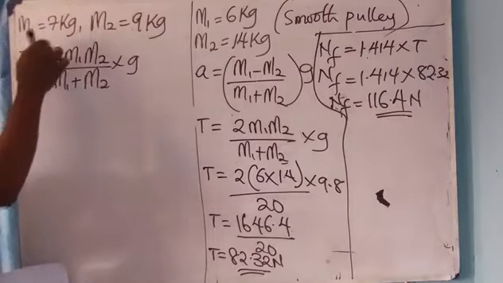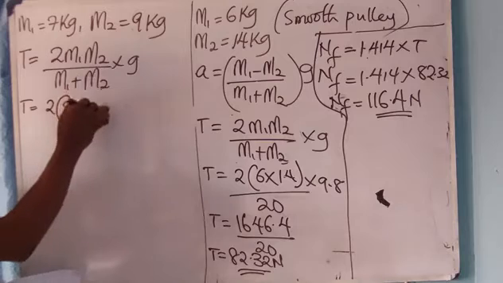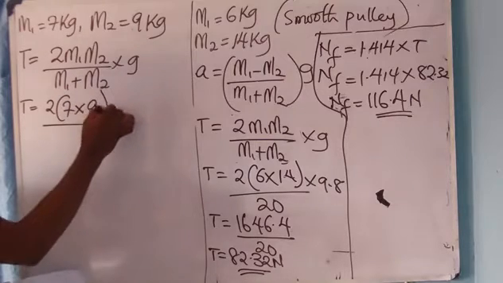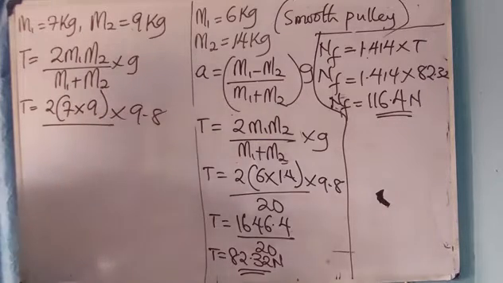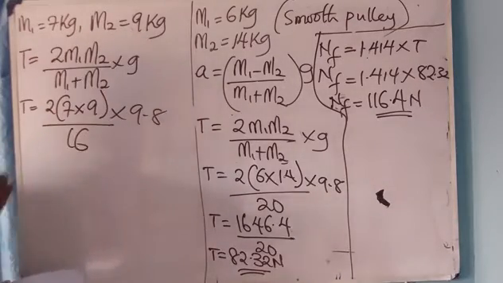Now m1 is 7, so 2 open brackets, 7 times 9, over, don't forget, times 9.8, 9.8 definitely. Then this plus this, I have 16.